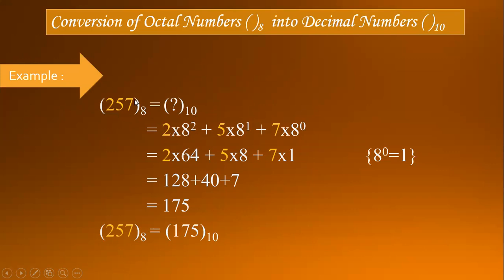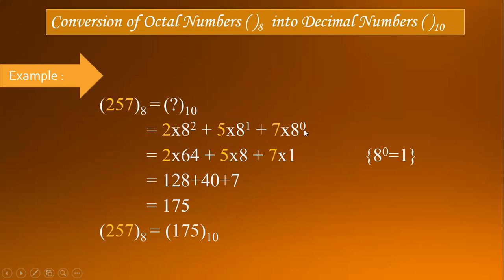Now we are reading the digits and multiplying them with the given base and putting the powers from right to left. So we are getting 2 into 8 raised to 2 plus 5 into 8 raised to 1 plus 7 into 8 raised to 0. Now solving the powers, 2 into 64 plus 5 into 8 plus 7 into 1.